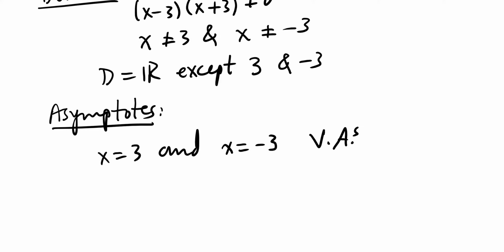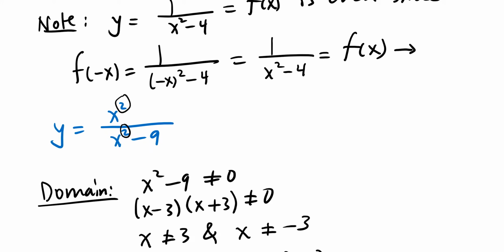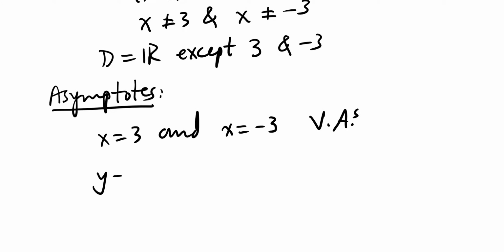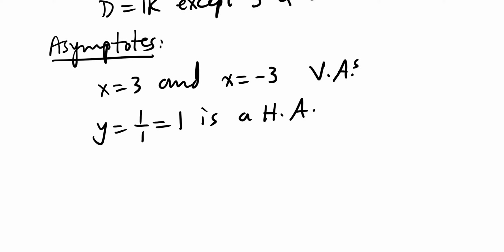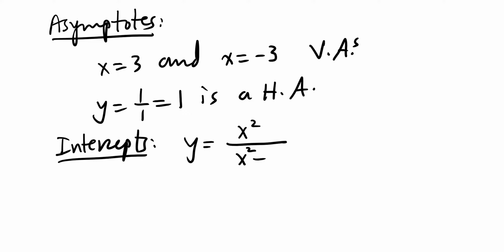Also, we have to look at the degrees, which are the same. So 1 over 1, y equals 1 is a horizontal asymptote, so no slant. After asymptotes, we find intercepts for the function that I'm going to write again one more time.